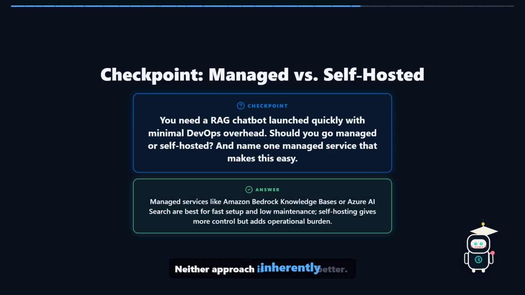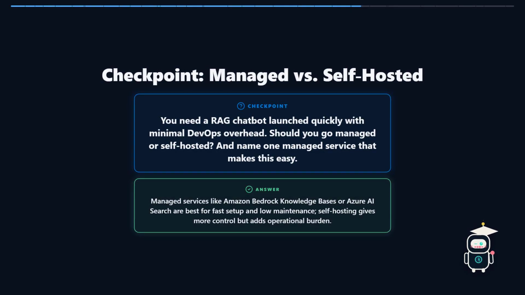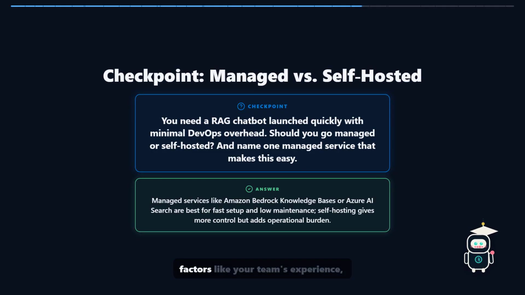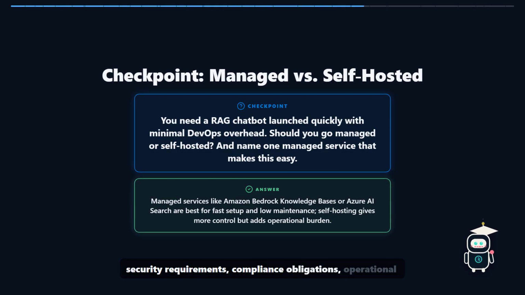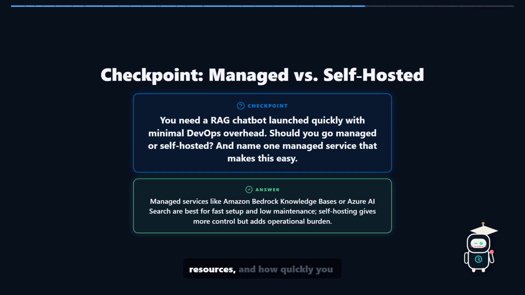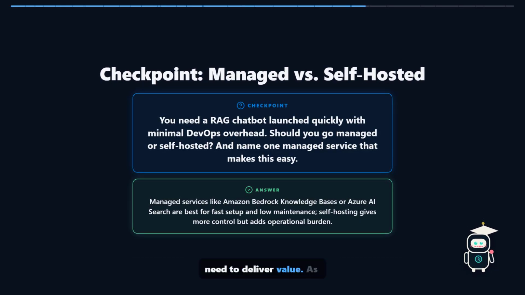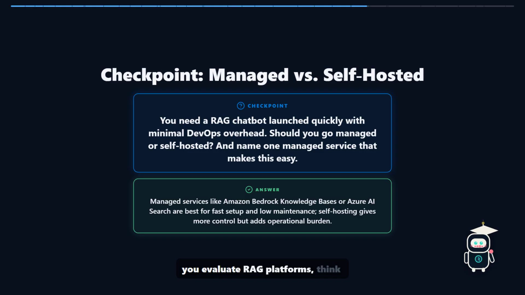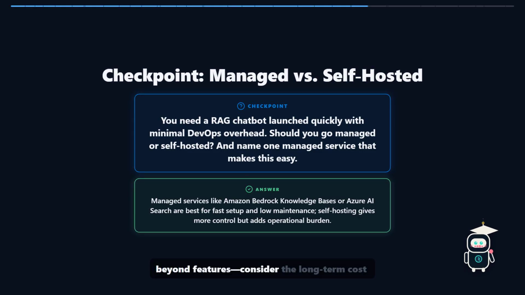Neither approach is inherently better. The right decision depends on factors like your team's experience, security requirements, compliance obligations, operational resources, and how quickly you need to deliver value. As you evaluate RAG platforms, think beyond features.